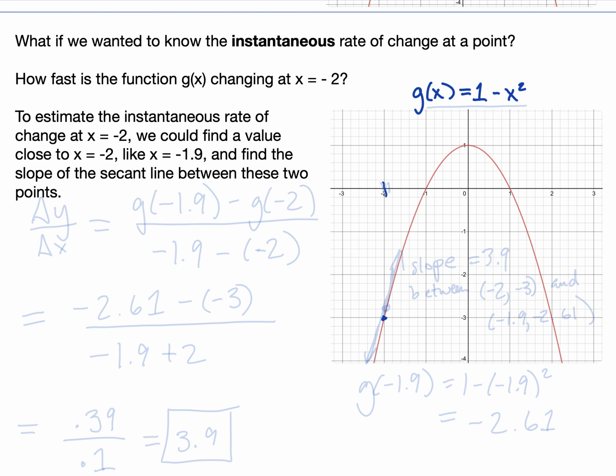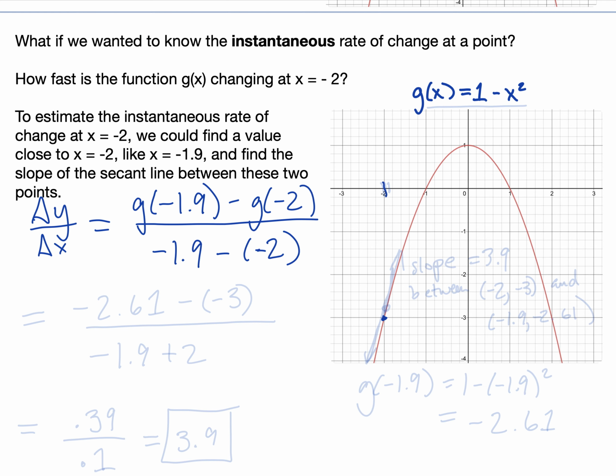So what is the slope of the secant line between these 2 points? That's the change in y divided by the change in x, or the change in output over the change in input. So that would be g of negative 1.9 minus g of negative 2, divided by the change in the input, negative 1.9 minus negative 2, the x values.